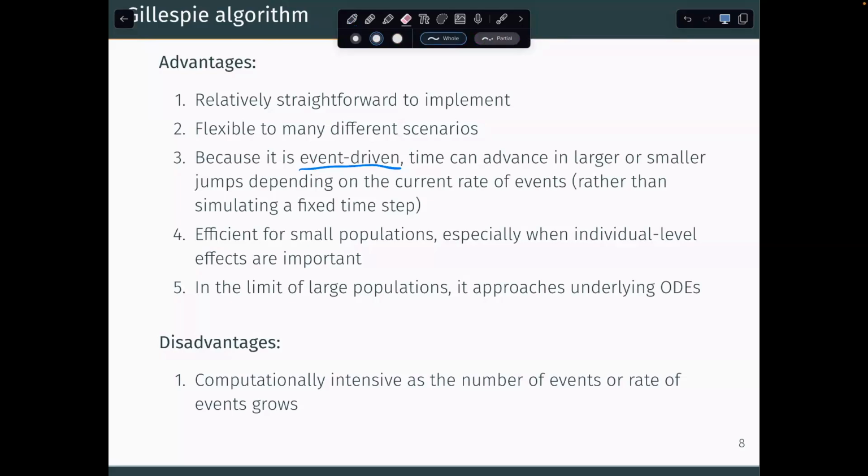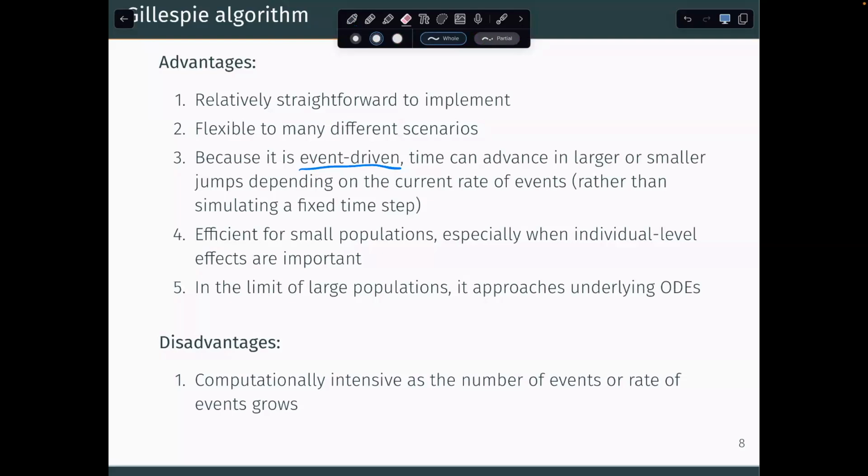There might be times where you need very small time steps, and then other periods where you can get away with big time steps where the rates plummet. So that adaptive time step means that it can be efficient in giving you the accuracy where you need it, where rates are fast and you have small time steps, and then the speed advancement of jumping forward in time by bigger jumps.